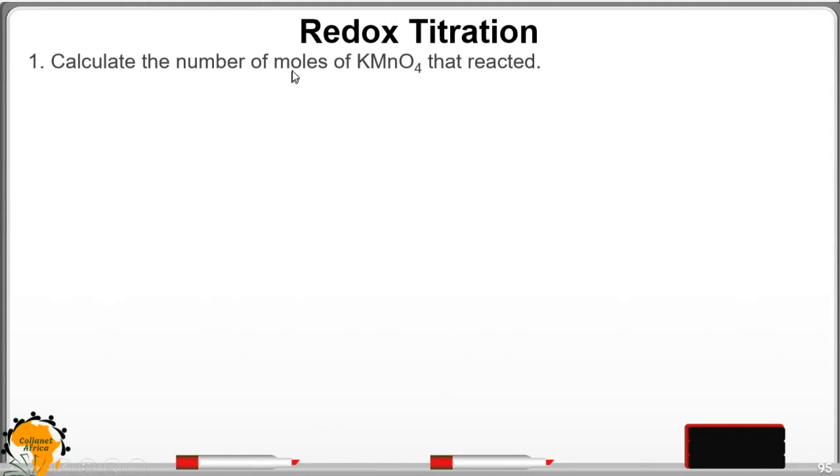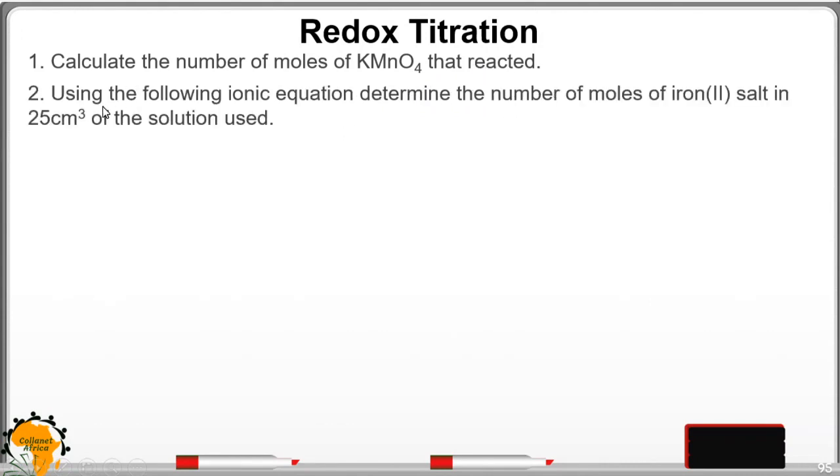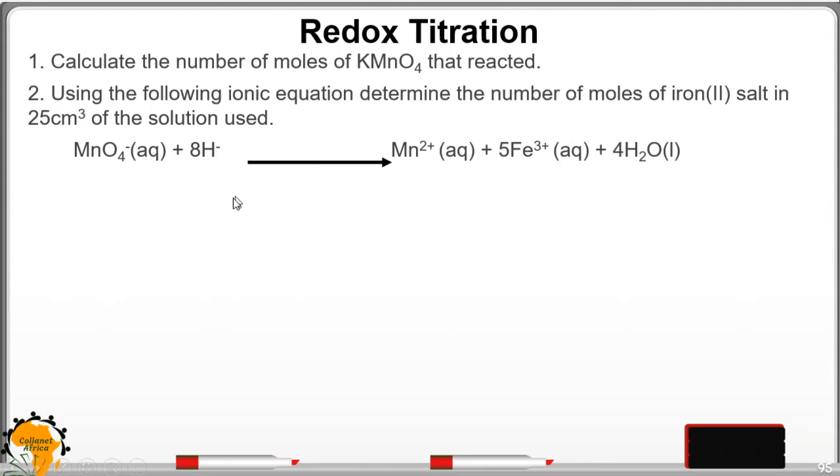1. Calculate the number of moles of potassium permanganate that reacted. 2. Using the following ionic equation, determine the number of moles of iron(II) salt in 25 cm³ of the solution used. And this is the reaction. 3.